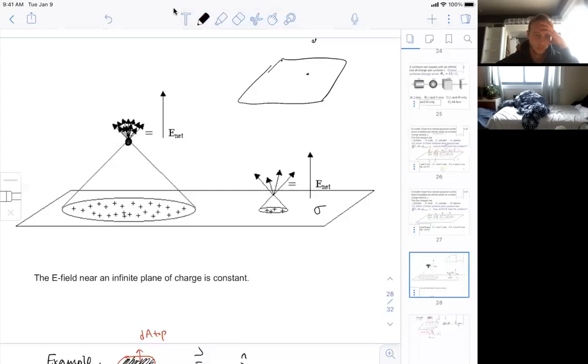You can move to the left-hand side a little bit or move the right-hand side a little bit. It's not going to change your E. Why not? Is it because your Q enclosed is the same and you're the same distance away from the sheet?